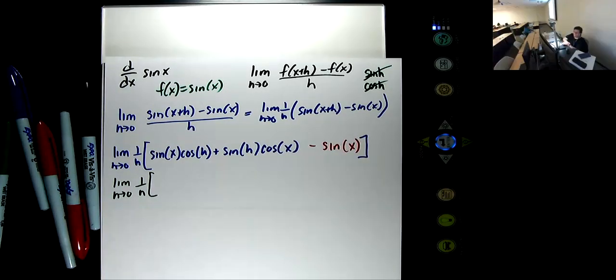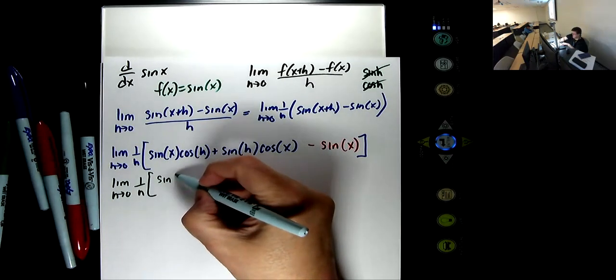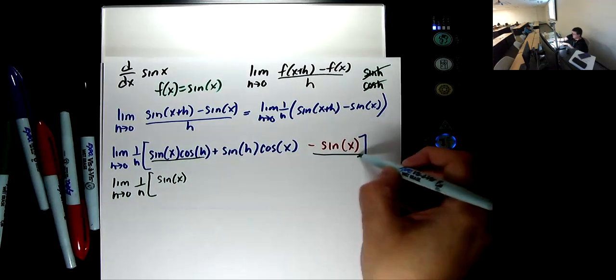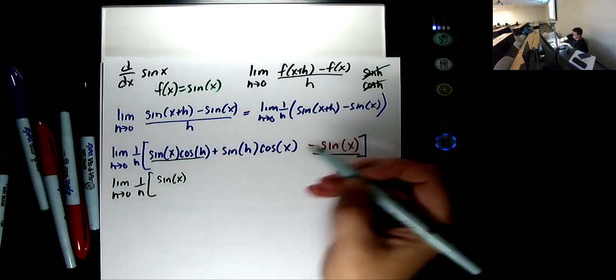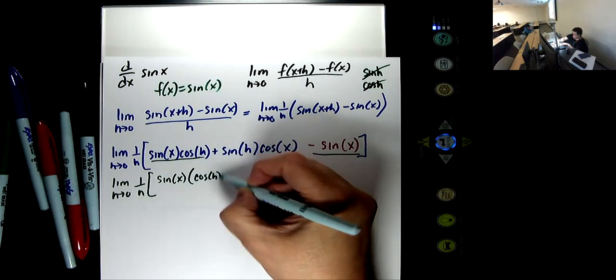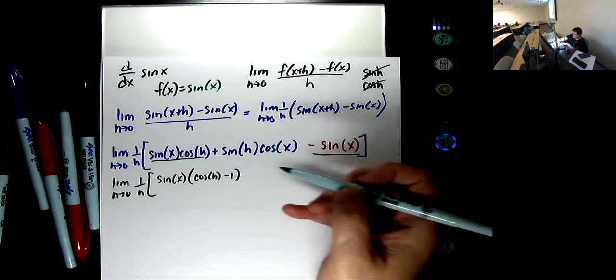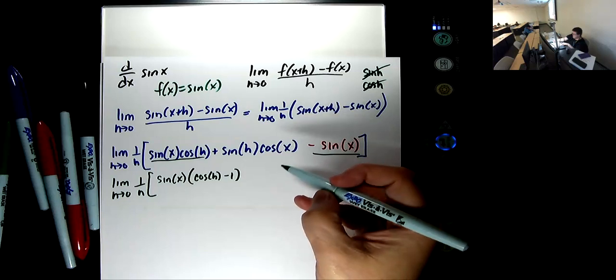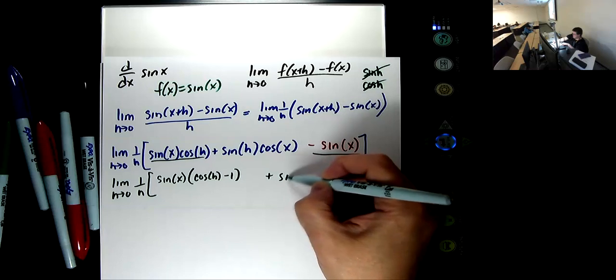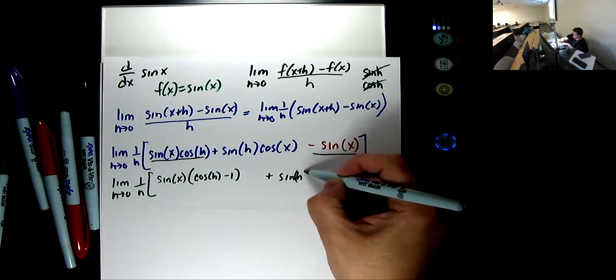Yeah, that's what I'm going to do. I'm going to factor out the sine x out of these two. So if I factor out the sine x, I have cosine h minus 1. And then I still have plus sine h cosine x.